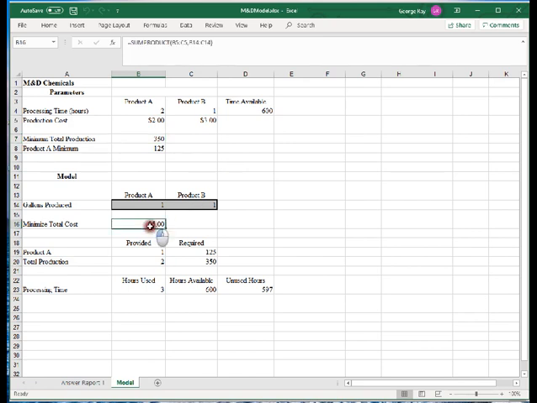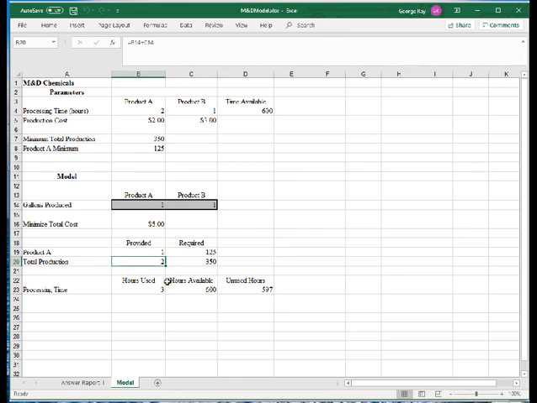So here's our objective function. Let's take a look at our constraints. Product A provided is just going to be equal to B14, and the required amount of that is 125.